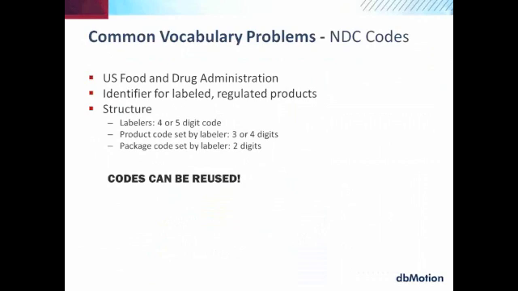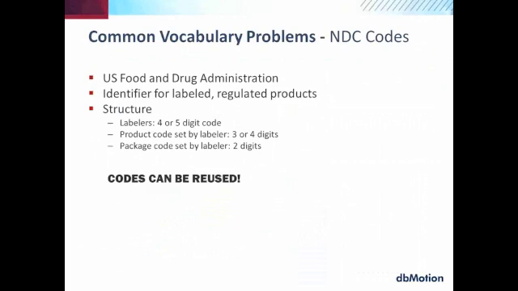This is another common problem. NDC is a standard for medications, and it's maintained by the U.S. Food and Drug Administration. So it's a way of labeling the actual bottles that come across. So whenever I get acetaminophen 325 milligrams, whether or not it comes in a 50 tab container or 100, is two different NDC codes, even though it's the same medication.